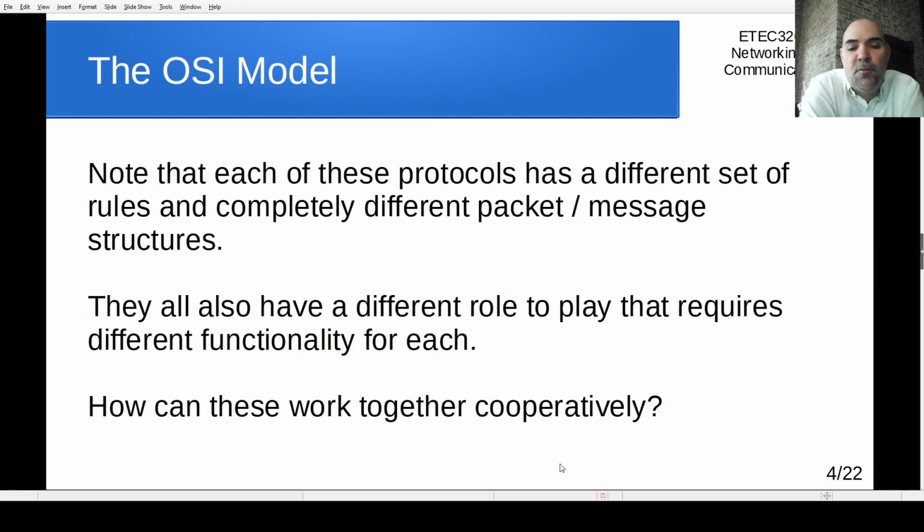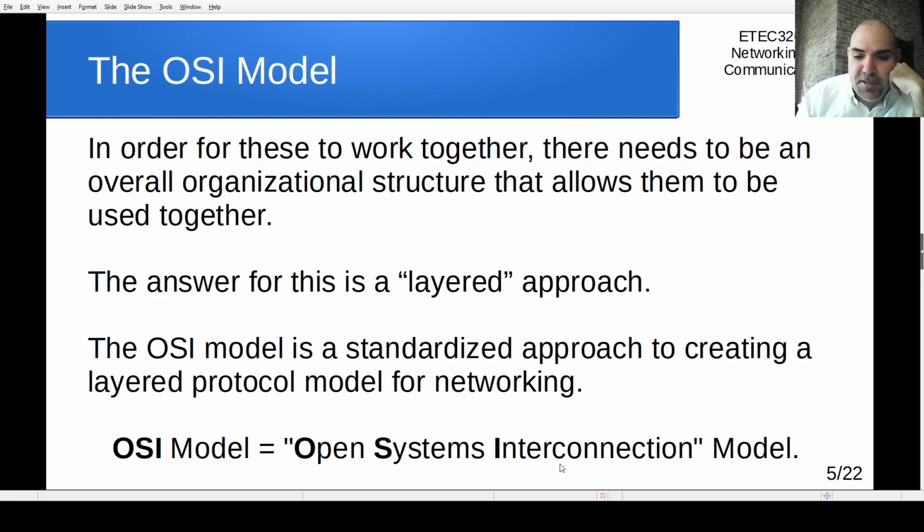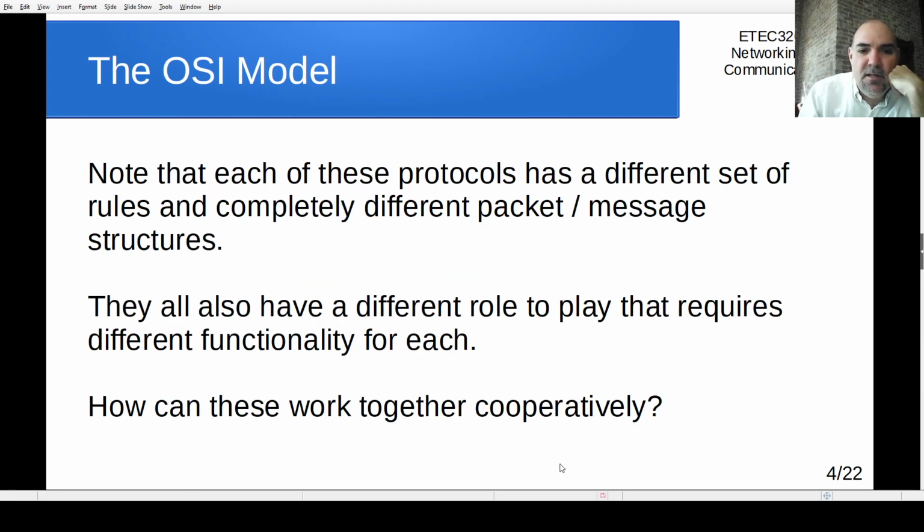One thing to note is that each of those protocols has a different set of rules and a completely different structure. The idea there is HTTP messages, the way that the contents of a web page get transmitted to a web browser and then displayed, have to go over TCP/IP to some web server, get the data, and then that data has to be rendered onto the screen on your machine in your web browser.